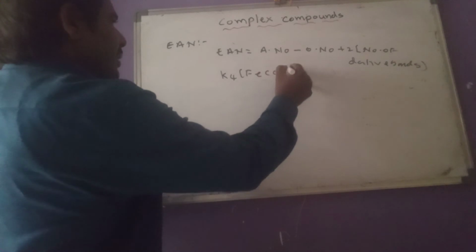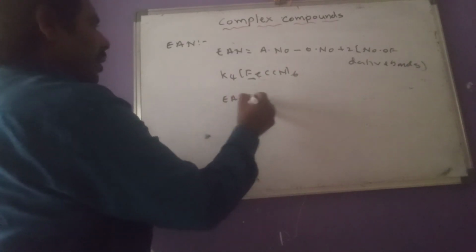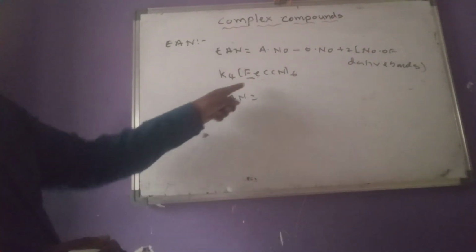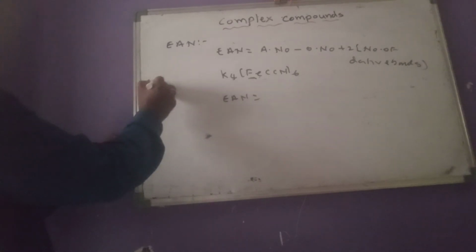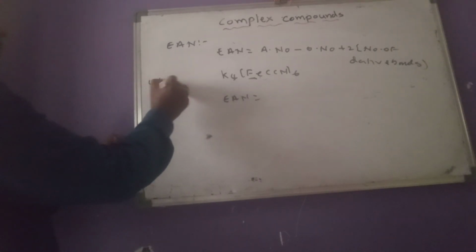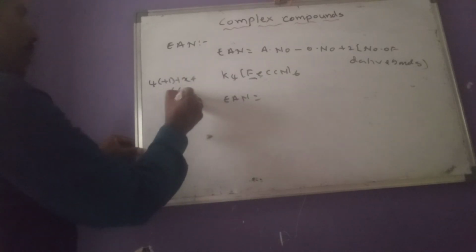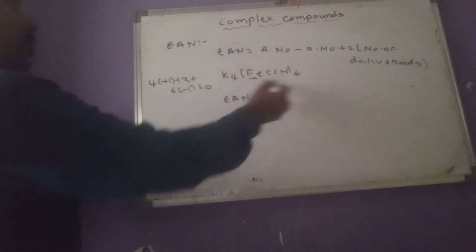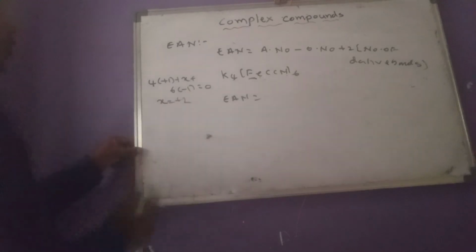Now let us go for one example. K4[Fe(CN)6]. Here we have to calculate the effective atomic number of iron. Before that, let us calculate the oxidation number of iron. As 4 potassium atoms are here, 4 into plus 1 plus X plus 6 into minus 1, each cyanide being minus 1, equal to 0, no charge on the complex. Now we get X equal to plus 2.